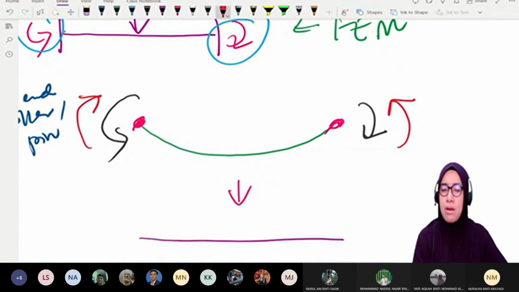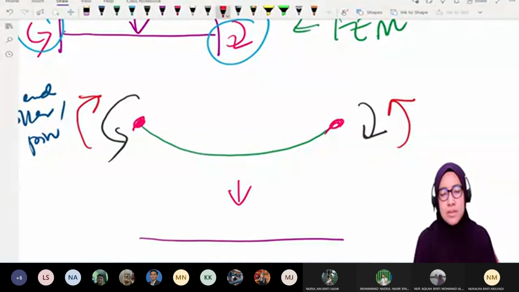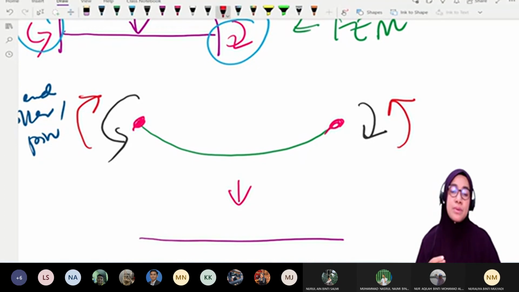Is it red or black? The real behavior to make it straight. Black. Okay, black. So that is fixed end moment.